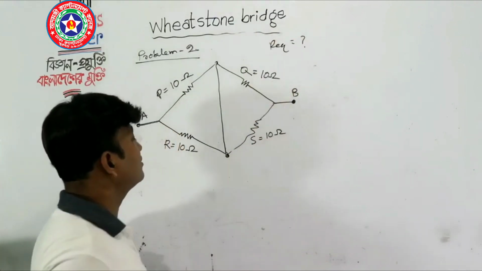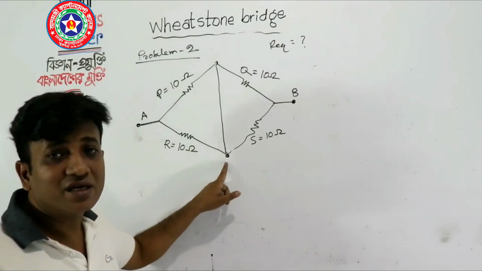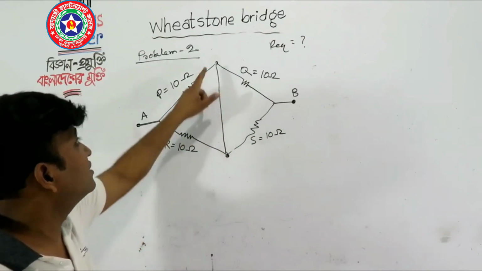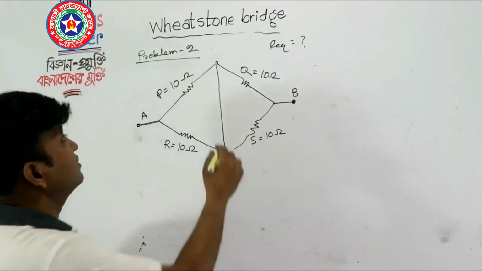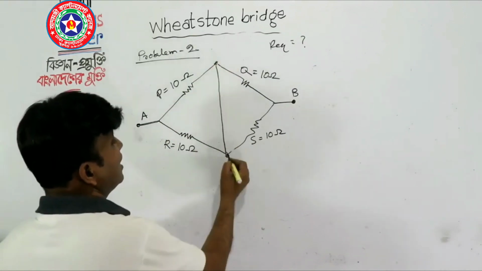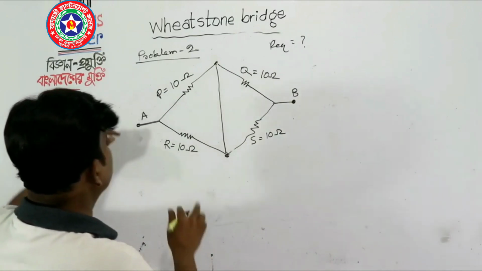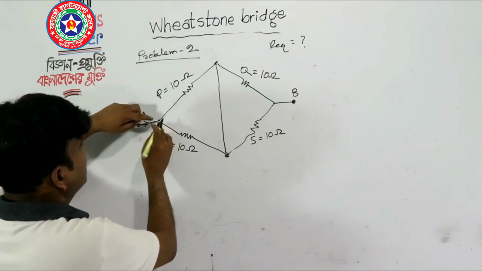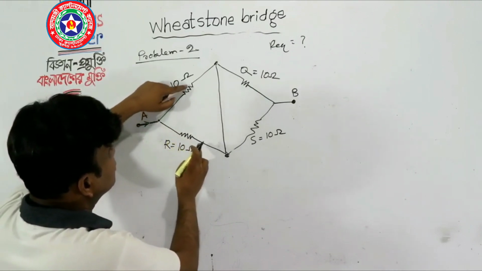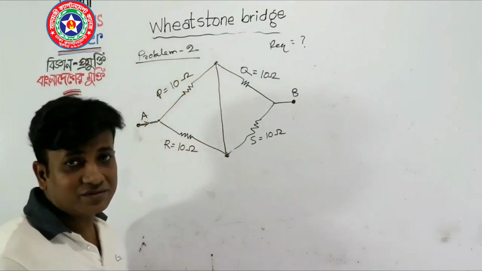Okay, now as these 2 points are shorted, here both potentials will be the same. Okay, here the potential and this potential will be the same. That's why the current, when it reaches point A, will be separated into 2 paths, and here they will meet together.